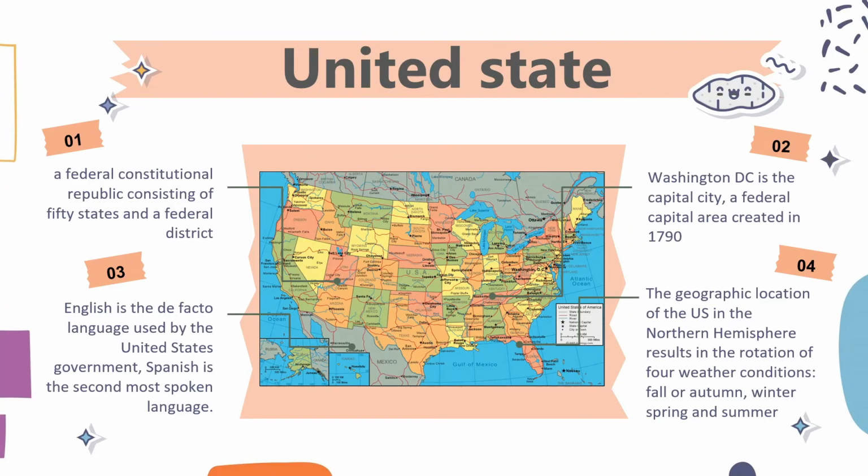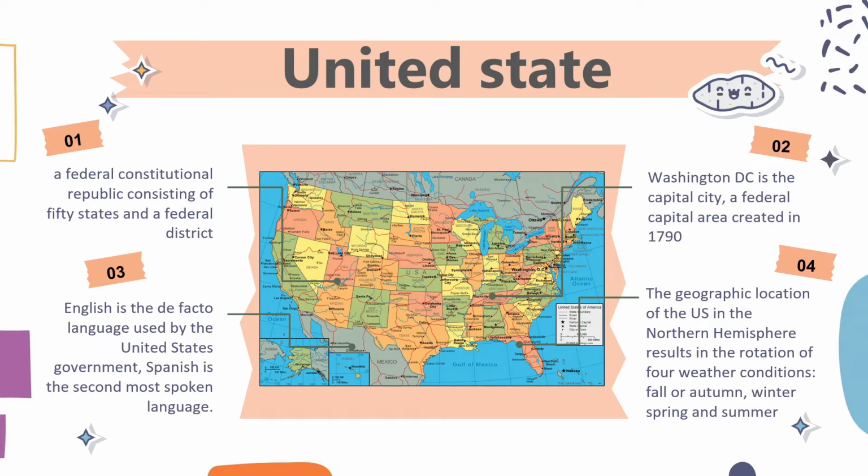The second subregion is the United States. The United States is a federal constitutional republic consisting of 50 states and a federal district. You know what, guys? Even though New York is the most recognizable city, Washington DC is the capital city of the United States.